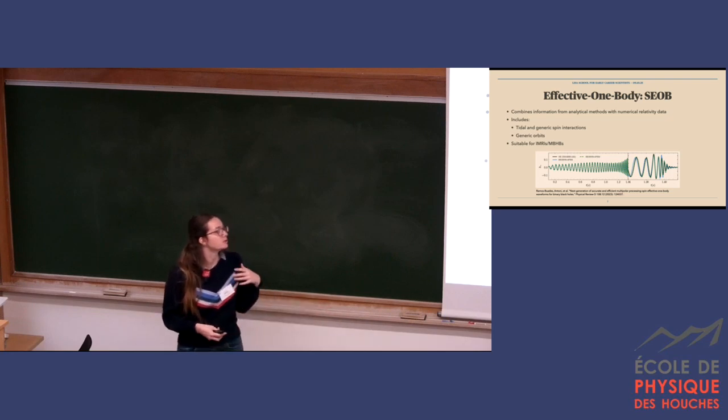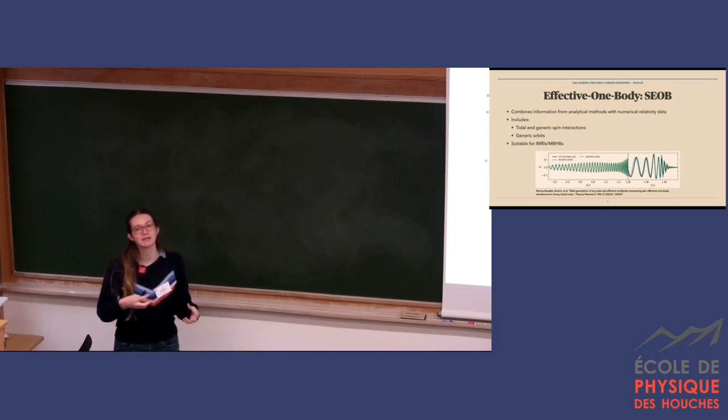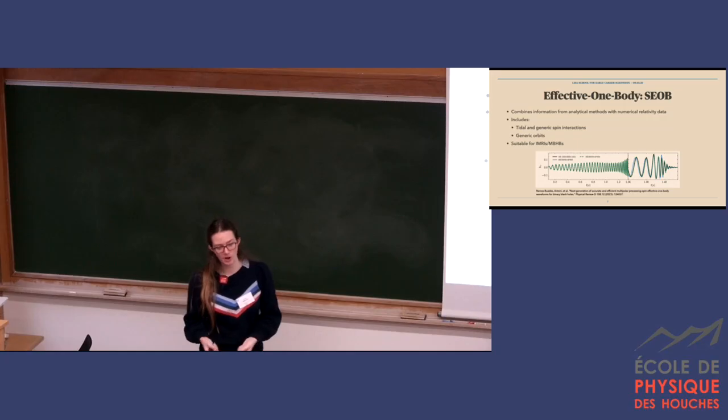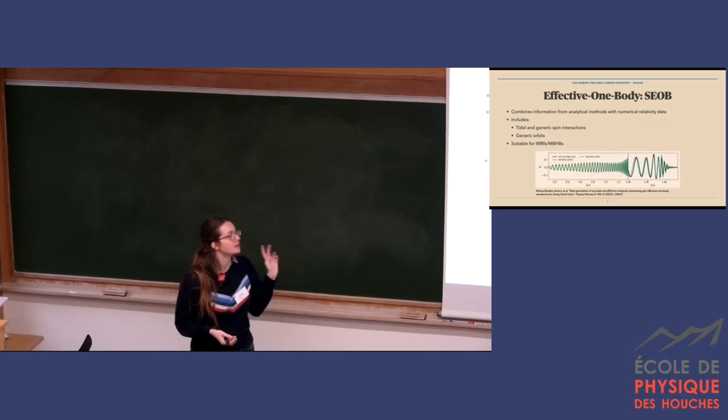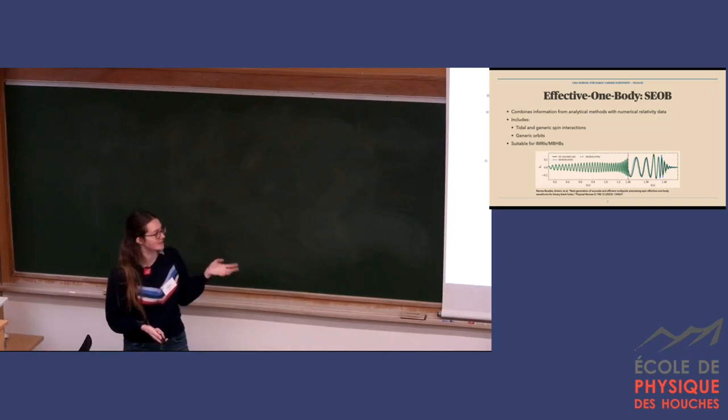But despite the fact that this formalism was designed in order to accurately capture the merger and the ringdown, it was found that for the level of accuracy that we require for modern gravitational wave detections, this is not possible to achieve through this approach alone. And so you do need to incorporate information from numerical relativity in there.